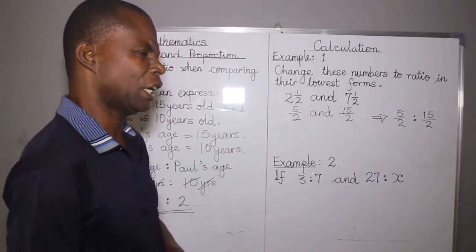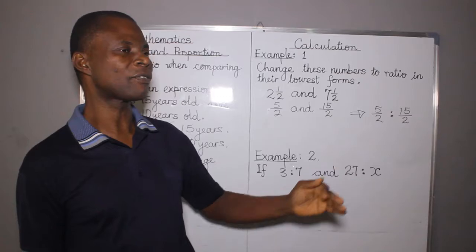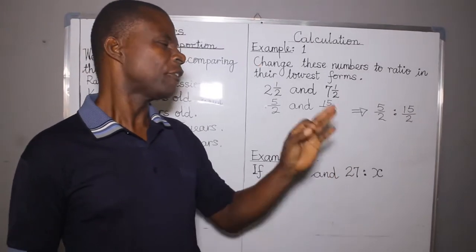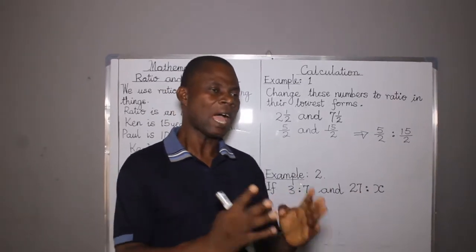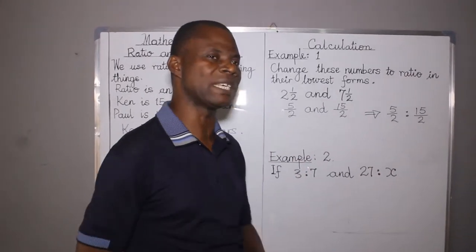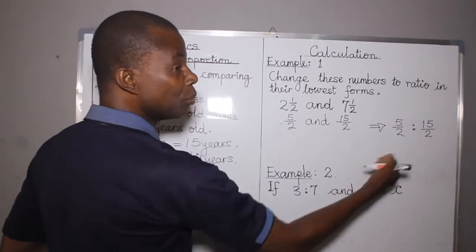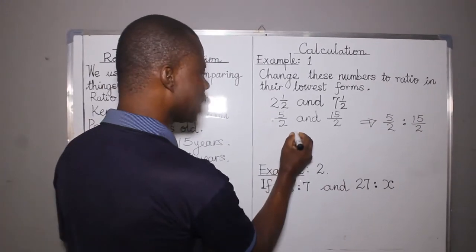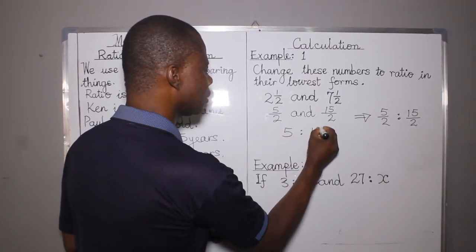In detail, what it means is half, half, half, half in 5 places, meaning 5 halves. And 15 over 2 means half, half, half in 15 places. Therefore, we can now compare the numerators because the denominators are the same. And this gives us 5 is to 15.